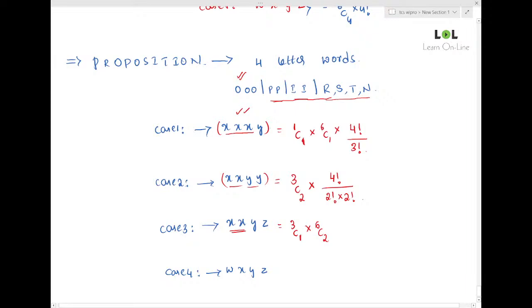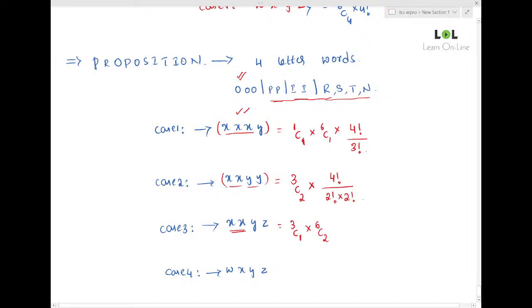R, S, T, N, P, I. 6 letters are there. From those 6 different letters, I need 2 letters. So that is the reason why we take 6C2. Did you understand why 6C2? Did you understand, everybody? Okay, good, good.